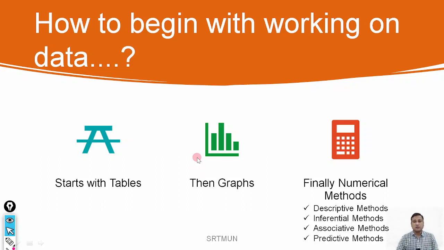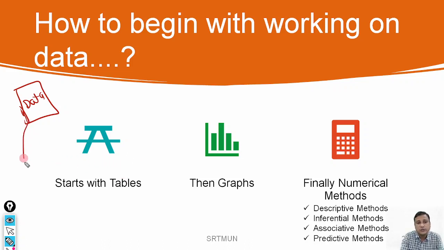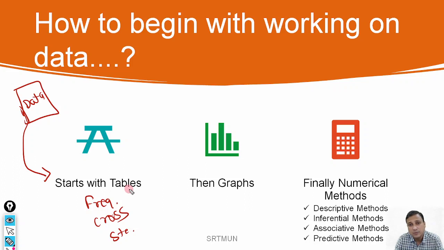How to begin with working on data? Suppose I am having some set of data, and how should I start? First thing comes first, you should first start with the tables. What kind of tables? Frequency table or the cross table or stem and leaf, depending upon the type of data or type of variable you have.